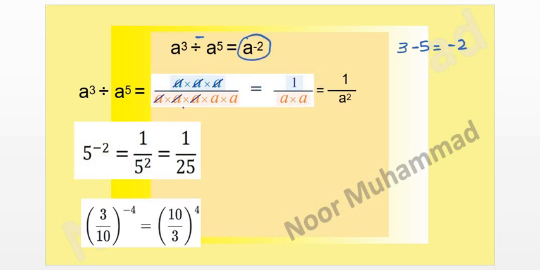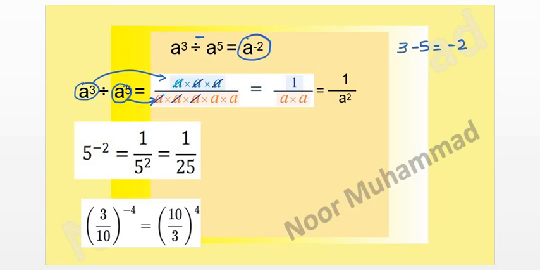The same question could be solved in a different way. a to the power 3 divided by a to the power 5, we can write this one in the numerator, a times a times a, and similarly this one shows that a is repeated 5 times, so I can write it in the denominator. As you know, we can cancel the similar terms in the numerator and denominator.